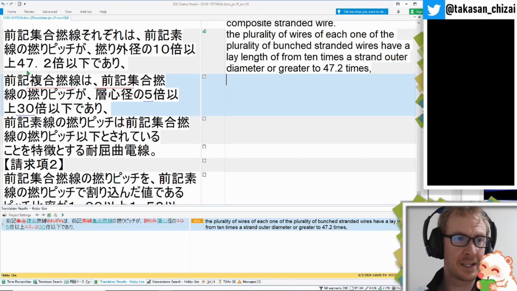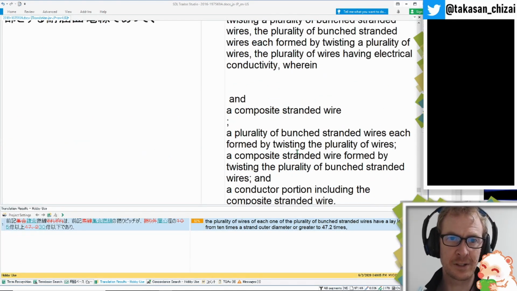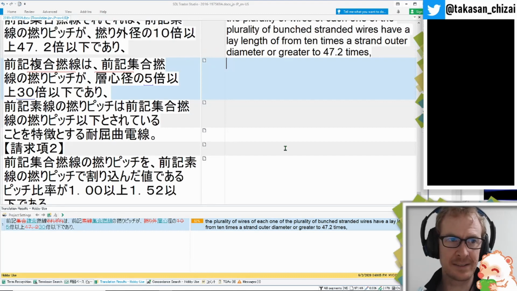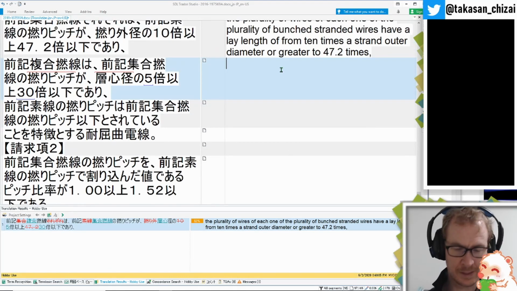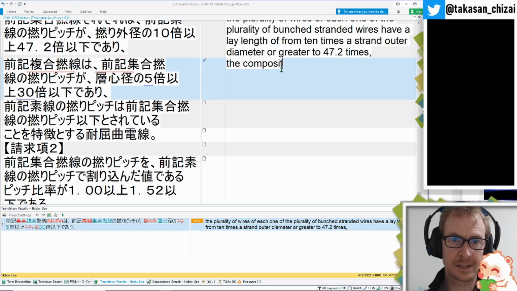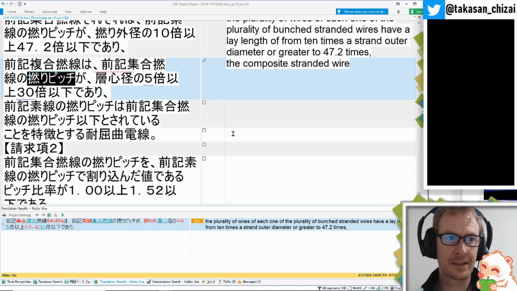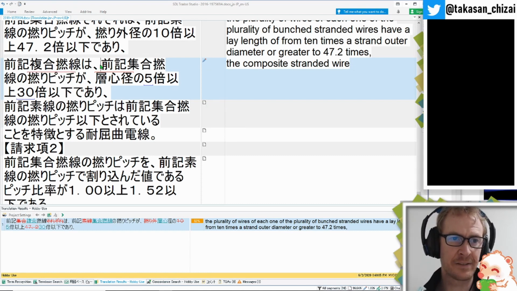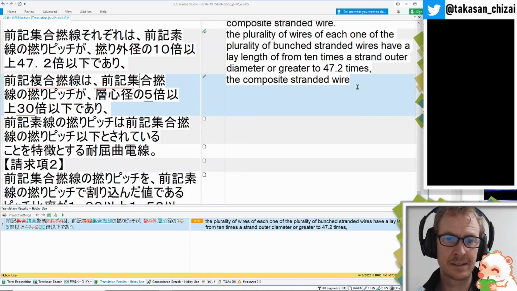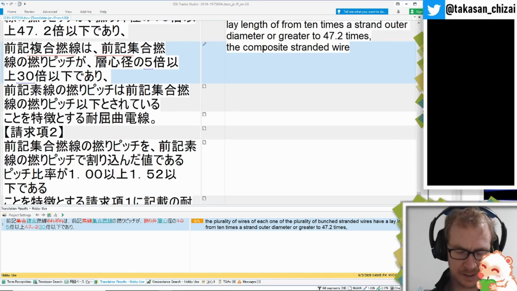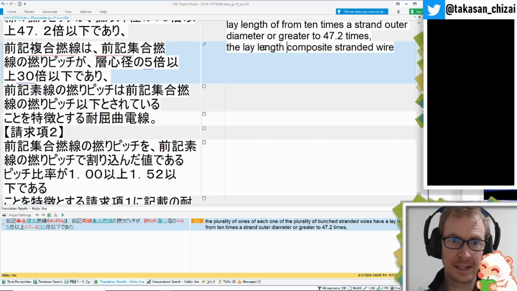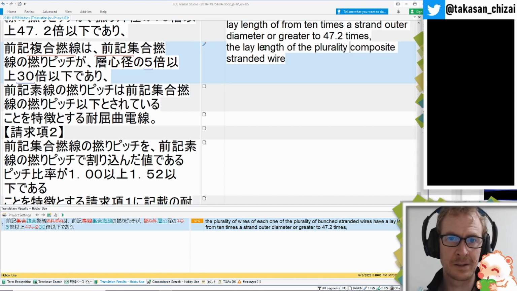Next wherein clause, this is our composite, I think I called it composite, didn't I? Composite stranded wire, our biggest one. So again, we're talking about the lay length, and the lay length is of the bunched stranded wires. So the lay length of the polarity.